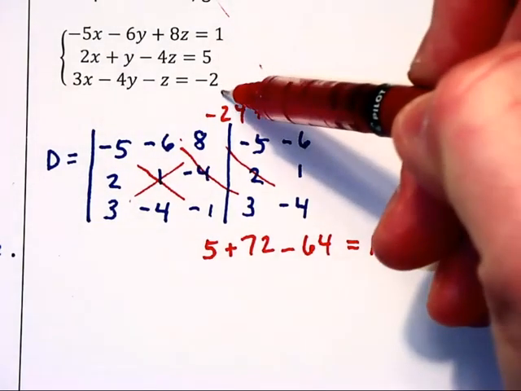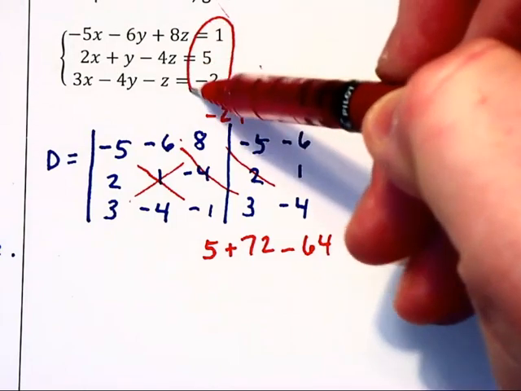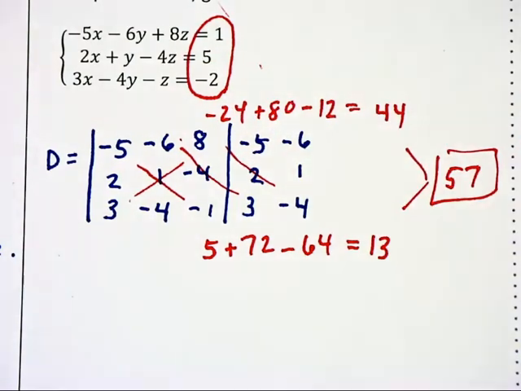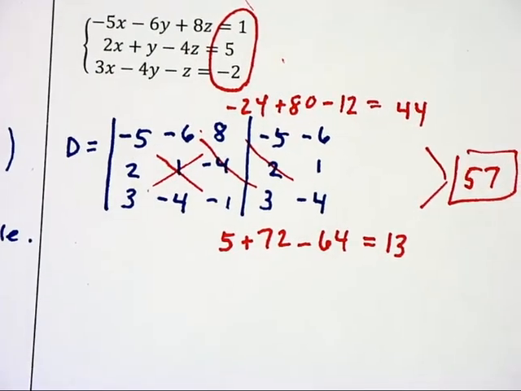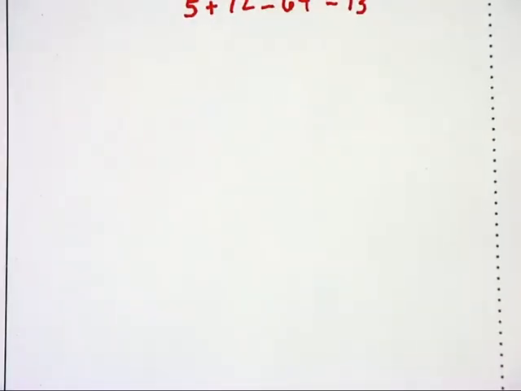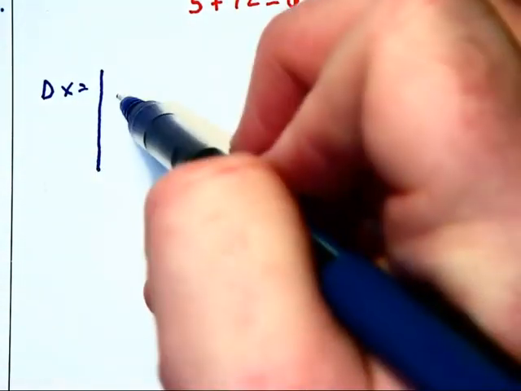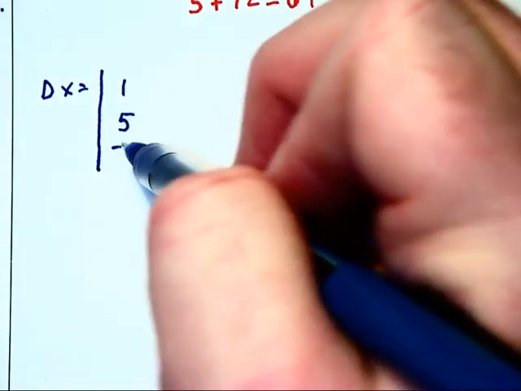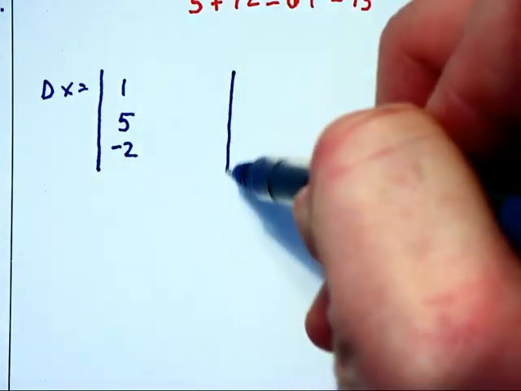We now need to get the 1, 5, and -2 from the right side of the equation into our determinants. So we're going to set up determinants dx, dy, and dz. dx is going to be a 3 by 3 with the 1, 5, -2 in the first column.